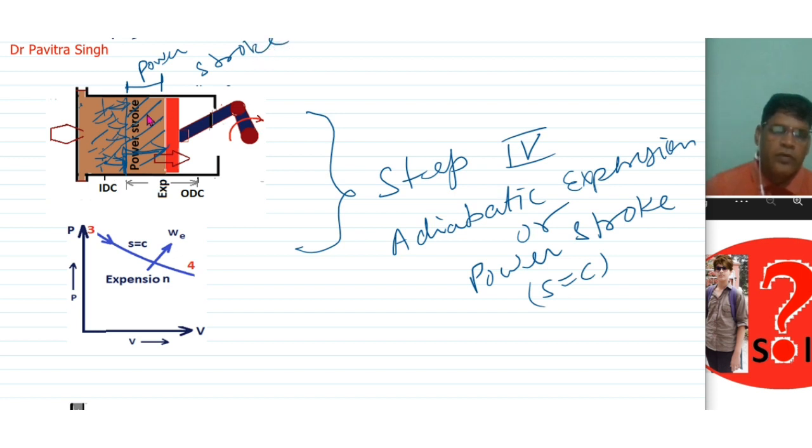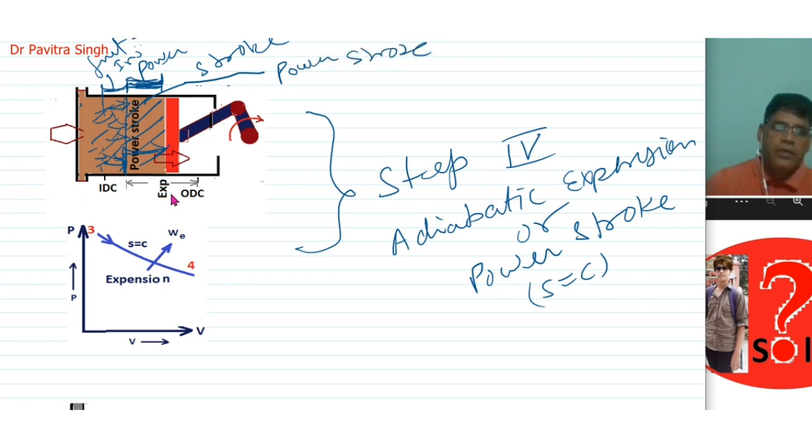Okay, so after the combustion of fuel, the gases will push this piston, so this will be expansion of the gases. So here to here it was fuel injection at constant pressure, and here to here it is expansion. So this process is also called power stroke.